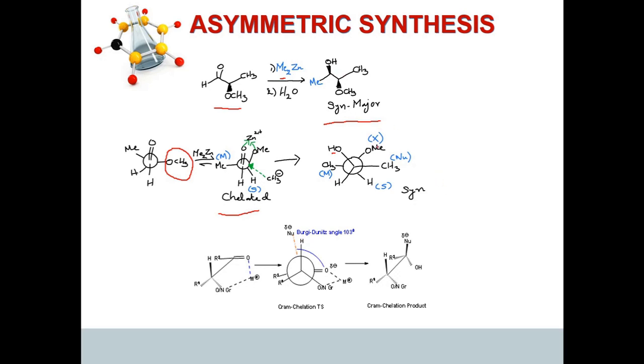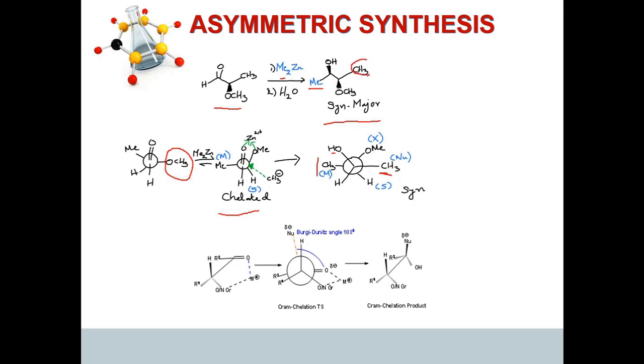Now how to correlate these two structures? You can see here I have my methyl group, that is my nucleophile, and my medium size group, and my nucleophile, which is the attack has taken place from this side.